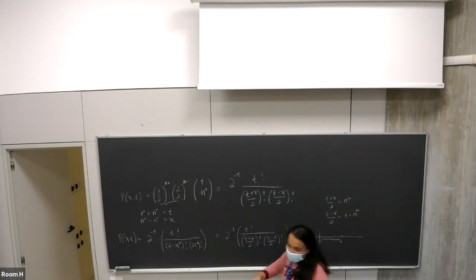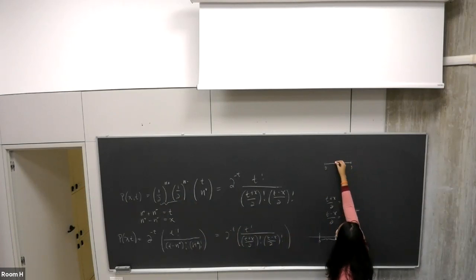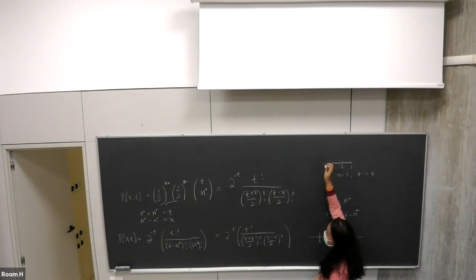And this part is the number of ways that you choose n plus. Say for example, you go from 0 to 3, and x is equal to 3 and t is equal to, say, 4.